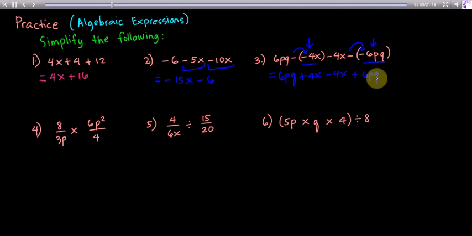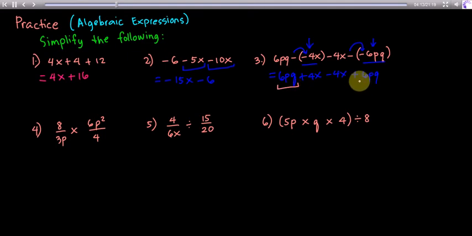Now this time, we can identify the like terms. Let's have 6pq, so we are looking for a term with pq as the variable.